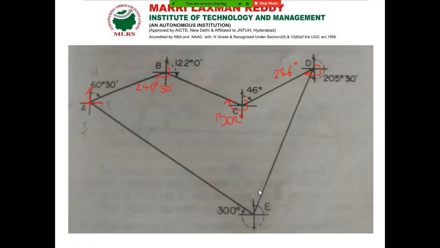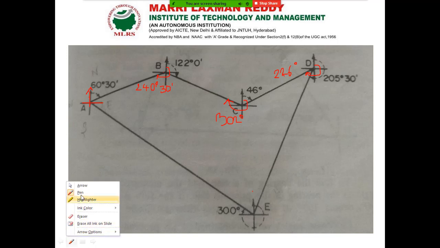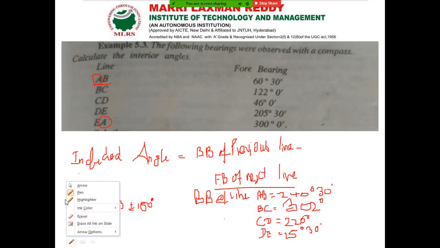So we can write it here, 25 degree, 25 degree, 30 minutes. Okay, now then last one, for the line EA, the forebearing is 300 degree, so this is also more than 180 degree.